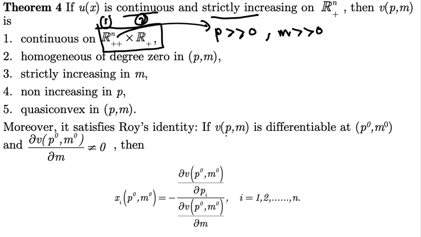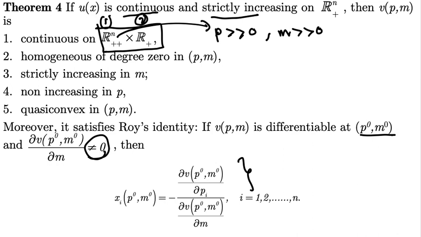That is, if the indirect utility function is differentiable at this particular price and income, and when we take the first derivative of the indirect utility function with respect to income and it is not 0, then we can have this expression. I'll explain to you one by one every single character here that is outlined in theorem 4.